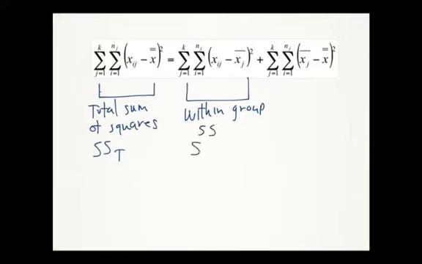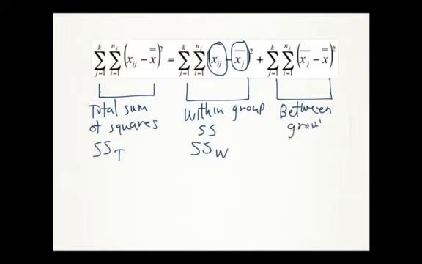This is sometimes called SSW, right? It's within group because it's looking at the difference from a single person in the jth group to the mean in the jth group. And then this part is the between group sum of squares, and that we write SSB.